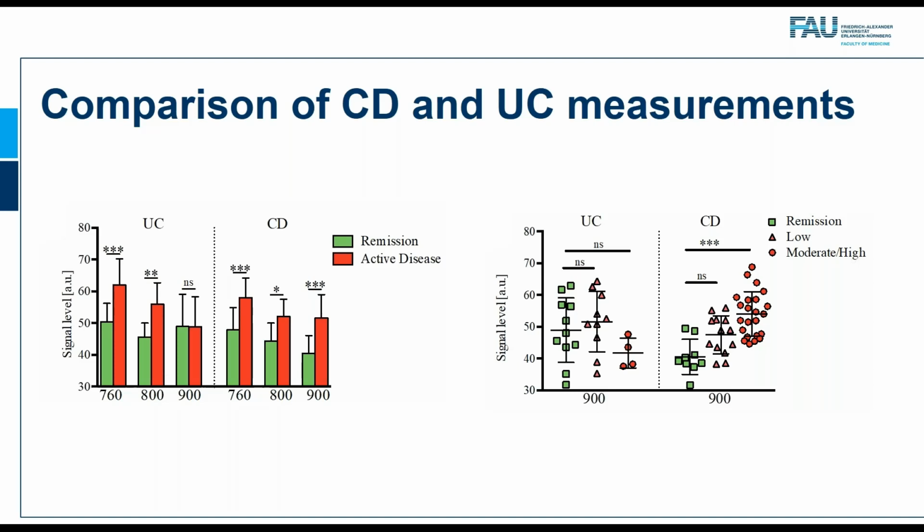We cannot say at the moment what is the reason behind this. It might be related to absorption due to other molecules, not hemoglobin, could be water or even lipids or collagen. This is something under investigation, but still these data might even be helpful in later times to be able to discriminate both forms of disease in some way.